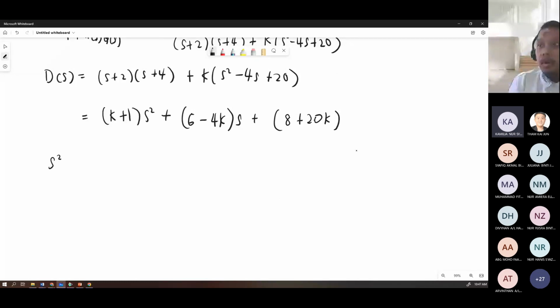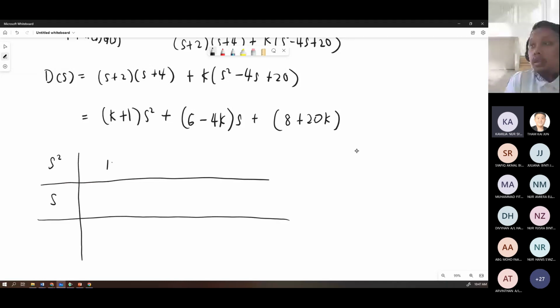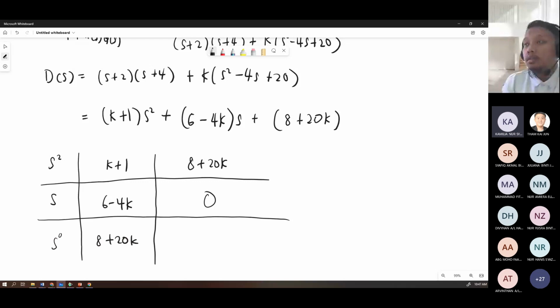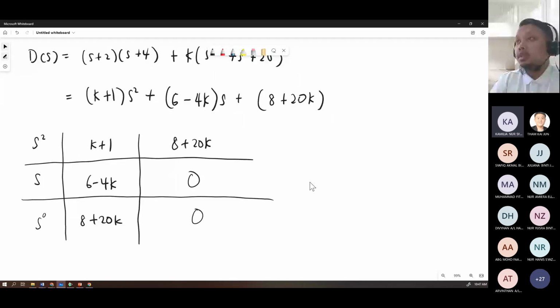So we start with S squared. So here is K plus 1, 6 minus 4K. So here we get 8 plus 20K. So this is the Routh-Hurwitz table.